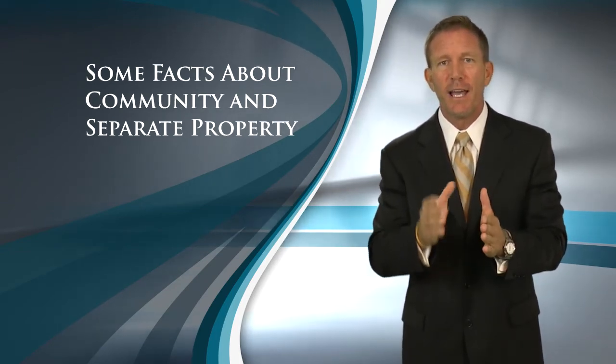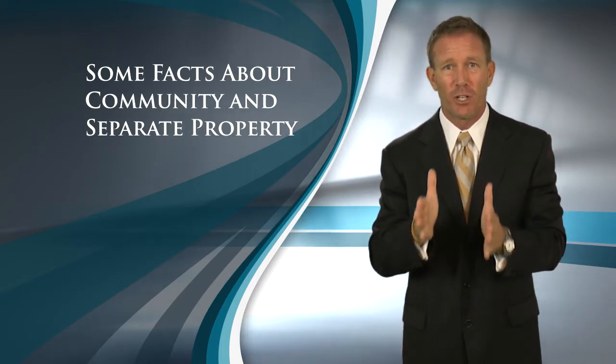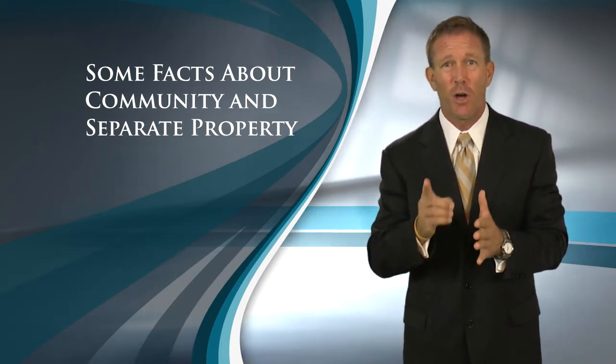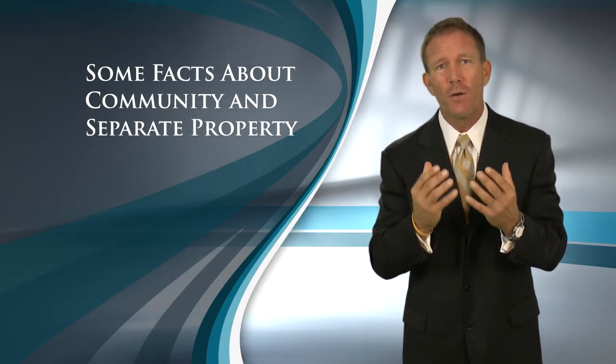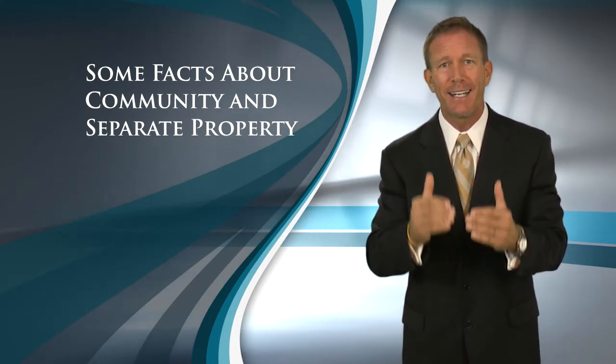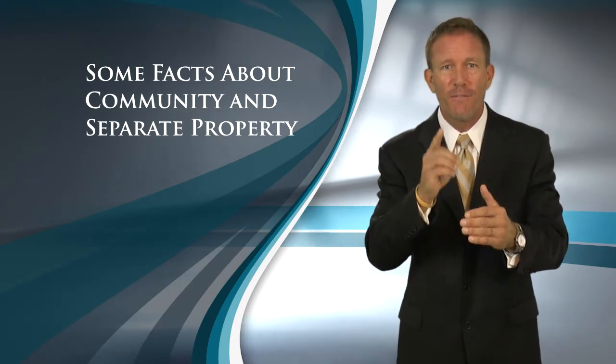So please, if you are in a community property state such as California, take the time to watch this video and read the overview of community and separate property contained in the conflict agreement before making your decision.